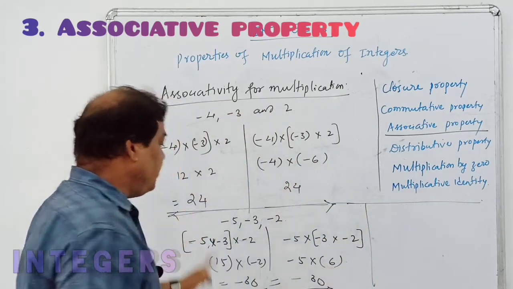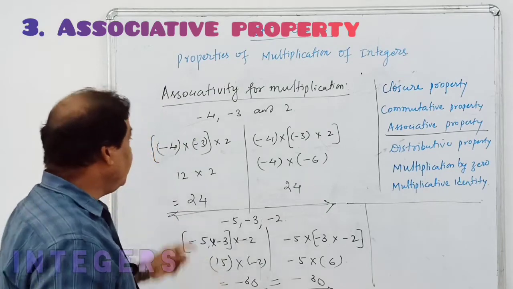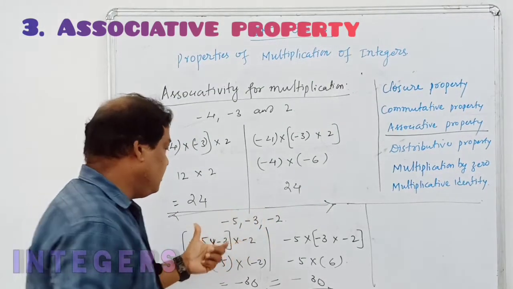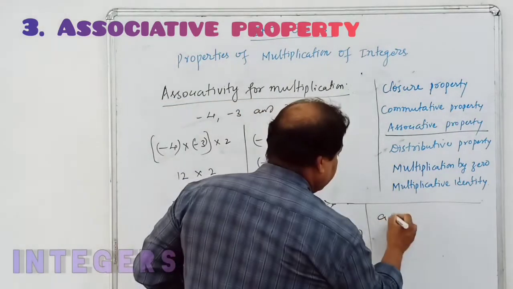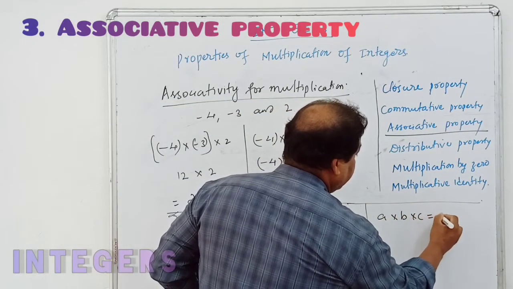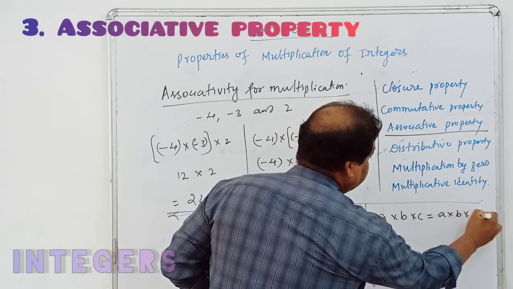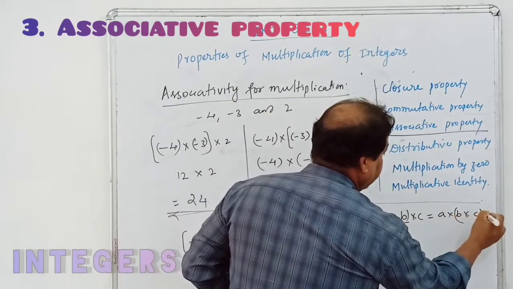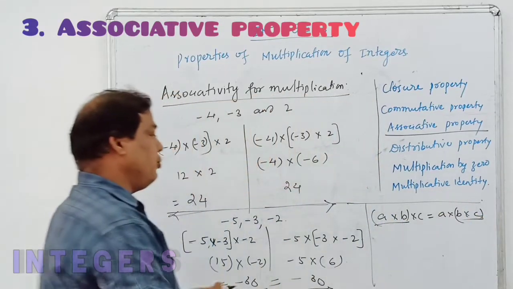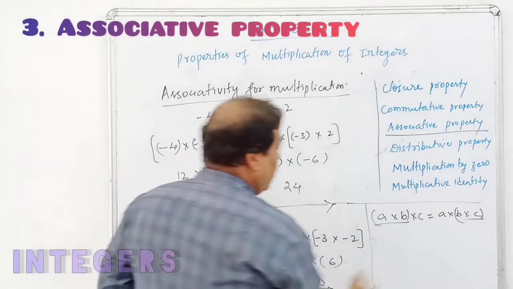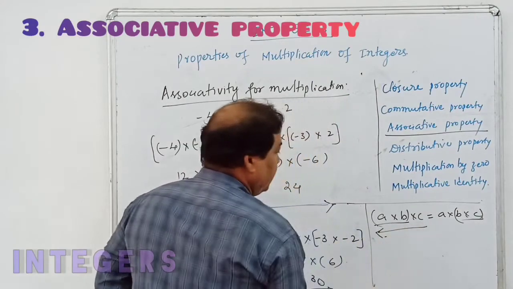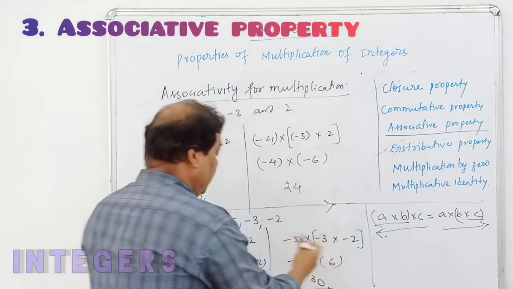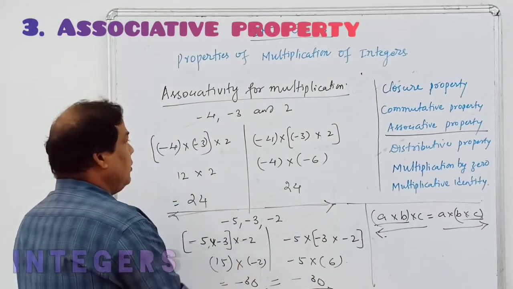So in general, you can say A, B, C are integers. Then we write (A into B) into C is equal to A into (B into C). So A and B in one group, and B and C in the other group. In the first case and in the second case, both results will be the same.